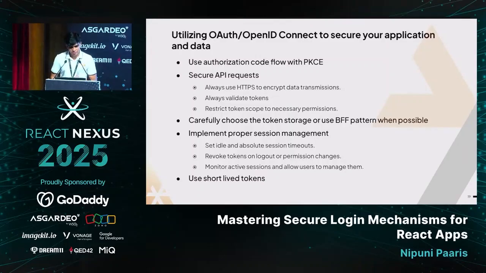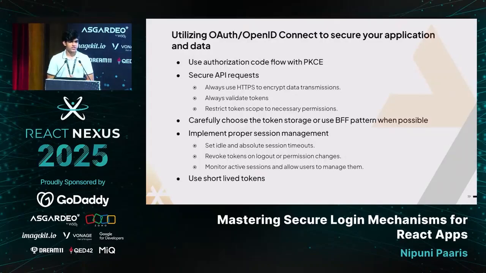So implement proper session management, and set idle and absolute session timeouts. If the user is idle for a long time, you can just revoke the token. There should be that functionality. There can be absolute timeouts as well. You can set a hard time limit, and within that time limit the token might get revoked.